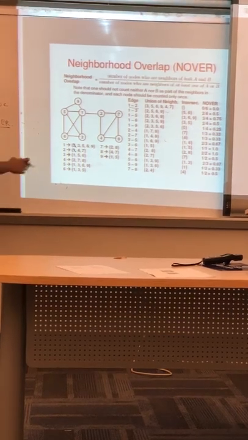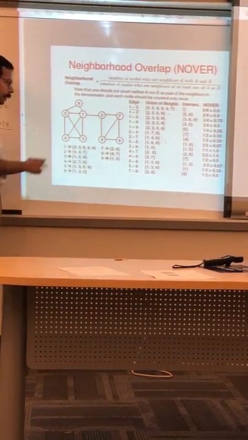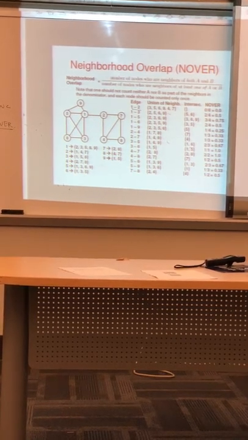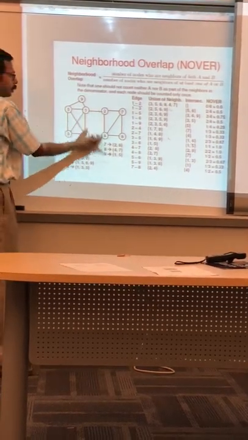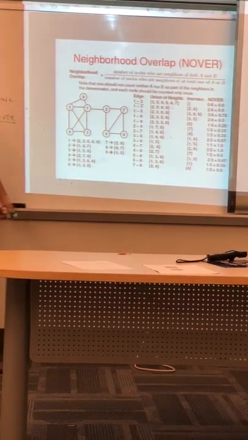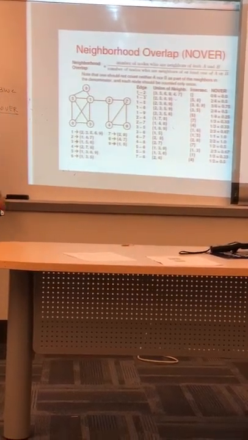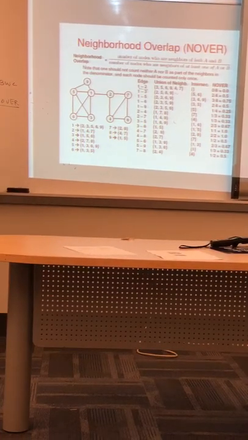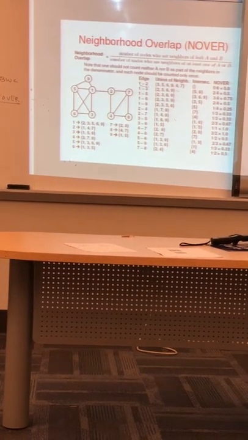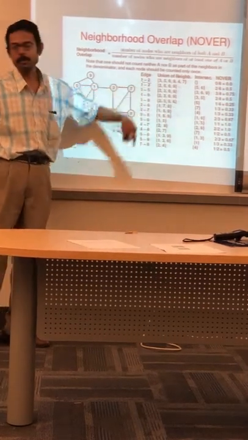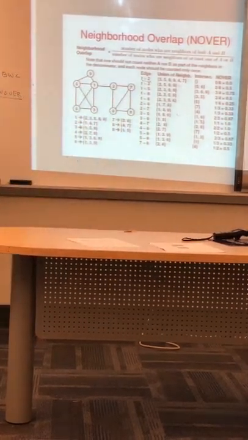And the intersection, if you look at these two sets of vertices, there's no common vertex. And if you look at the graph, 1 and 2 have no common neighbor. So the intersection is a null set. So the ratio is going to be 0, the intersection size, divided by the union, which is 6 vertices. So 0 over 6 is still 0.